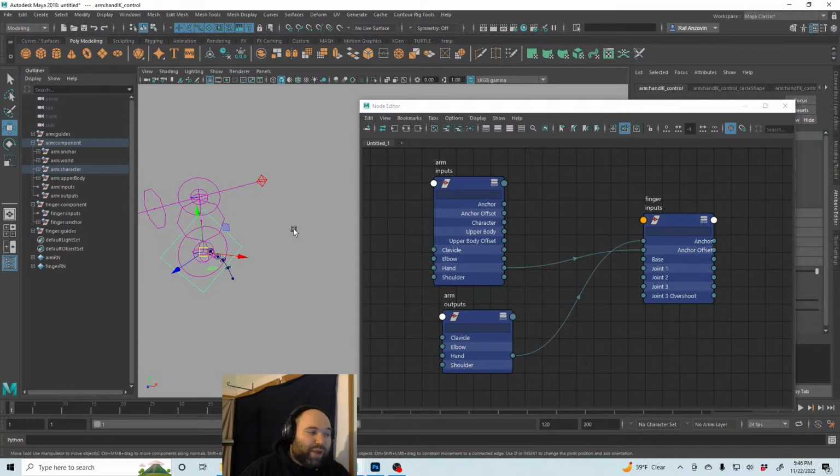And I feel like this is actually a really valuable rigging concept. There's a clear difference between, well, all right, let me find a better way of saying that.